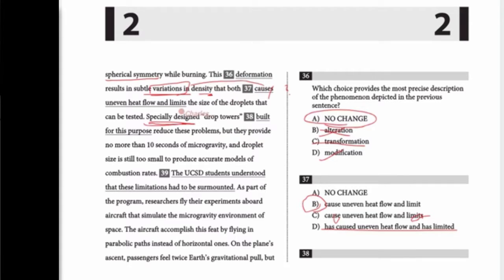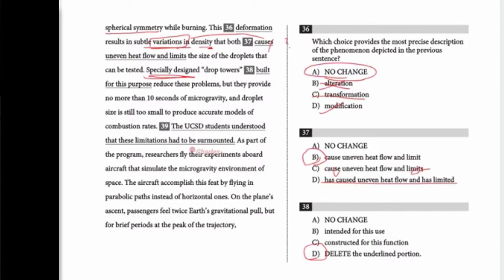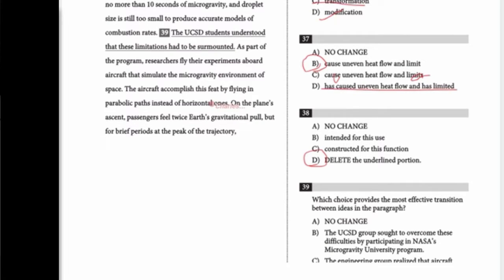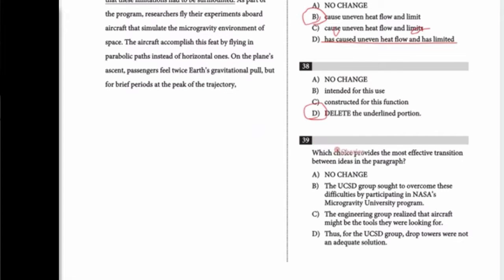To avoid the deformation, they built specially designed drop towers. But unfortunately, that only works for just a few seconds, and they can't get accurate models. So as a result of those limitations, they began different experiments aboard an aircraft. So I think the transition is kind of as a result of the limitations of their previous experiment. That would be the right transition.